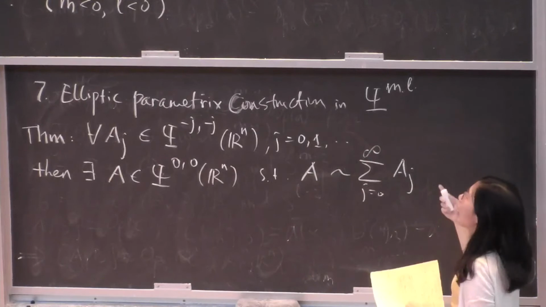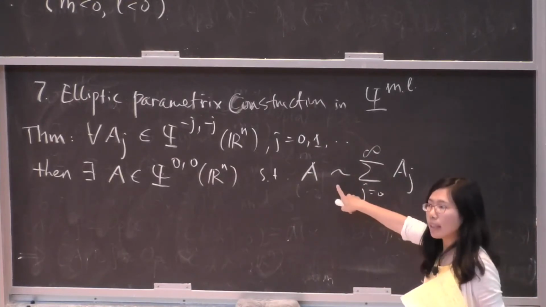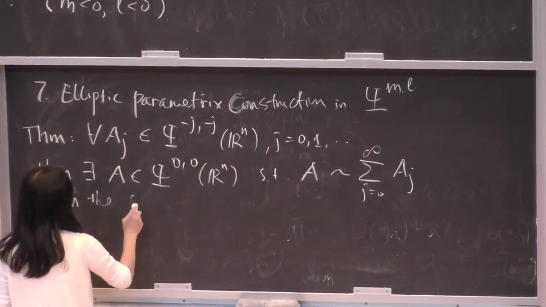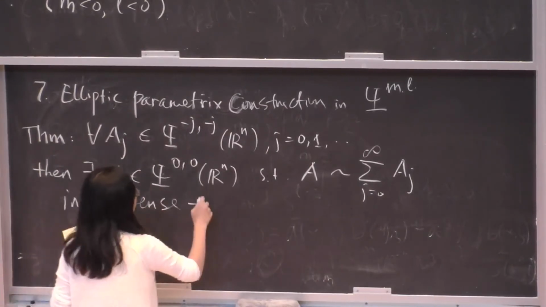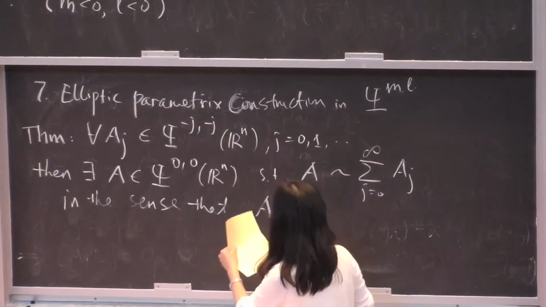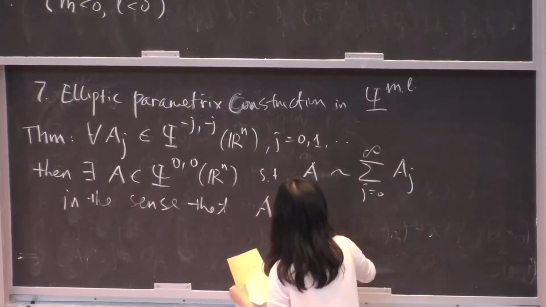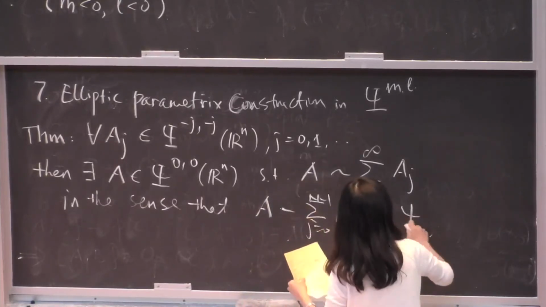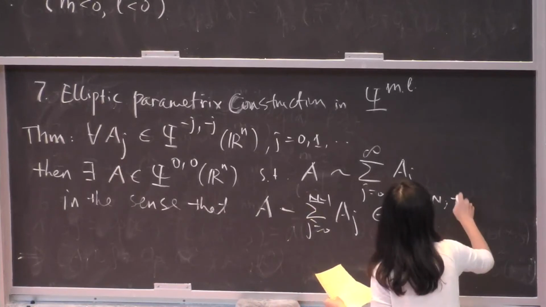In the sense that, again, this is not equality, but that if I take out the first n terms, I'll end up in a better symbol class: A minus the sum of A_j for j from 0 to n minus 1 is in Ψ^{-n}(R^n).